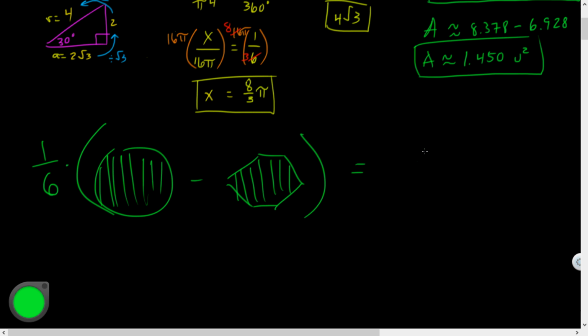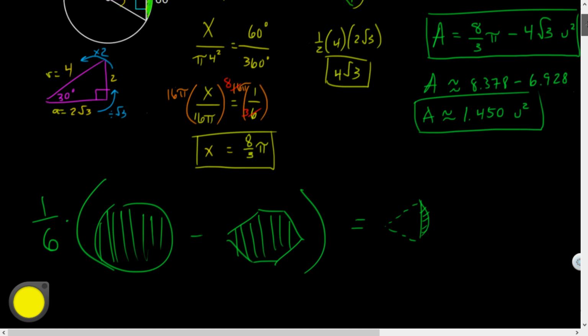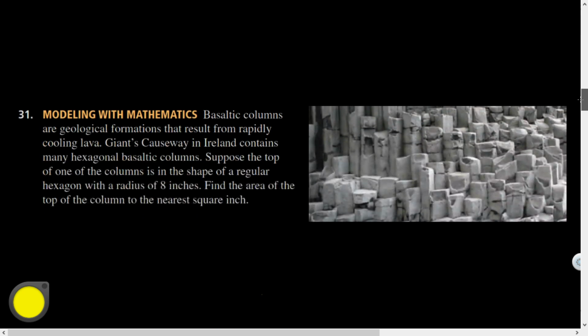That would also equal my pizza crust. So there are multiple setups that you could do, and some of the gallery walk activities you guys did earlier were similar to that. Want me to do this one?